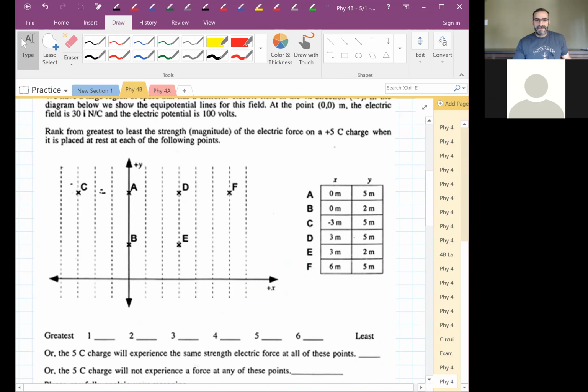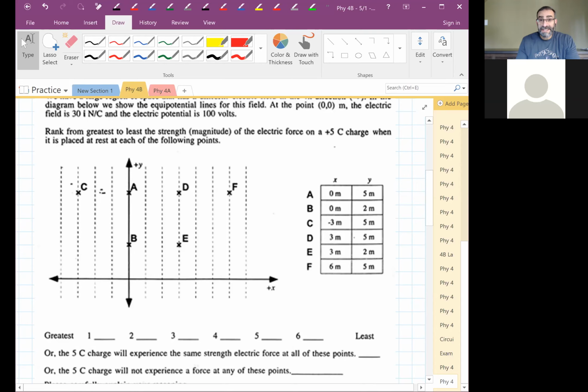What's the force on a +5 Coulomb charge when you stick it at one of those locations, and how's it different from the force if you stick it at a different location? This is the easy one.